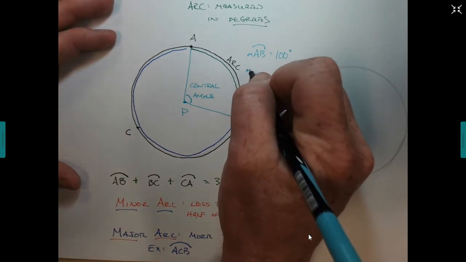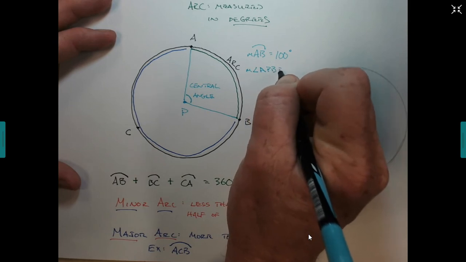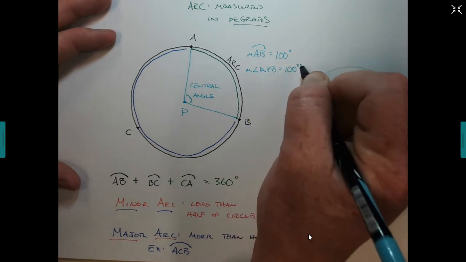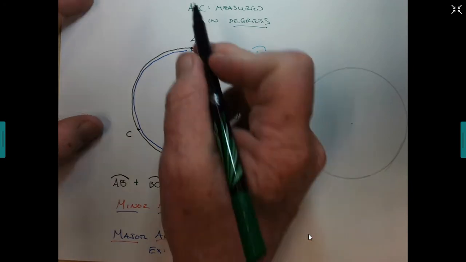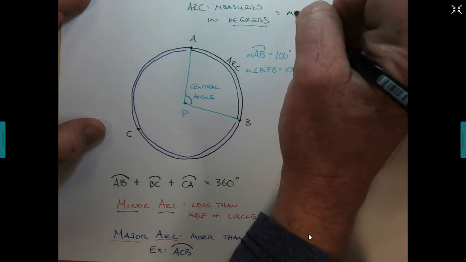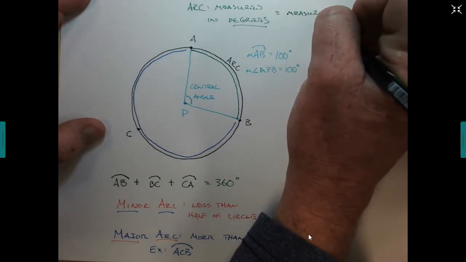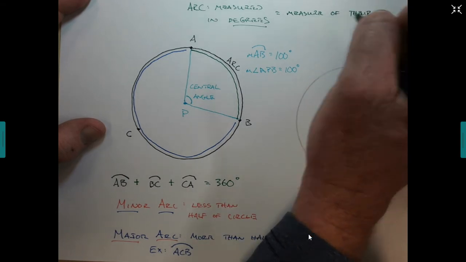So the measure of angle APB would also be 100 degrees. So maybe we want to write that down. Arcs are measured in degrees, and they will equal the measure of their central angle.